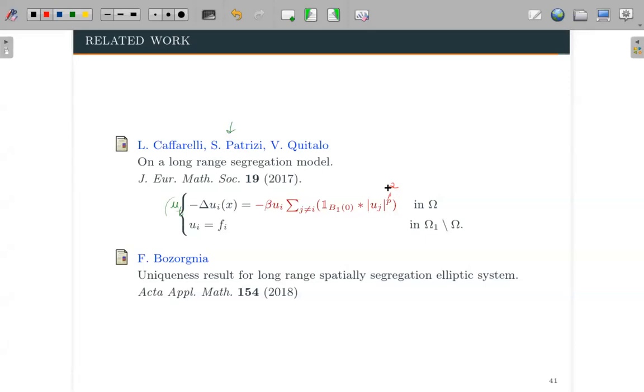Do you have something for aggregation? No. This would be taking maybe the opposite sign in beta, and probably they will concentrate at the same point, but no.